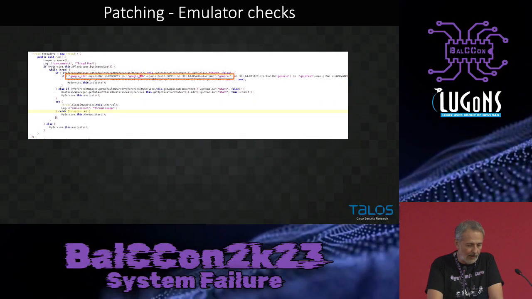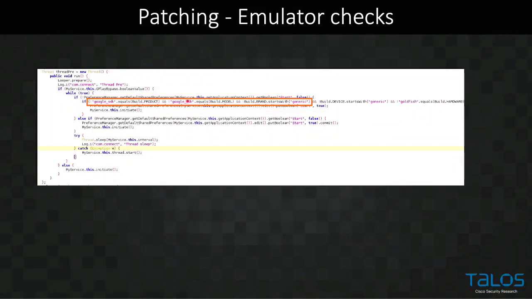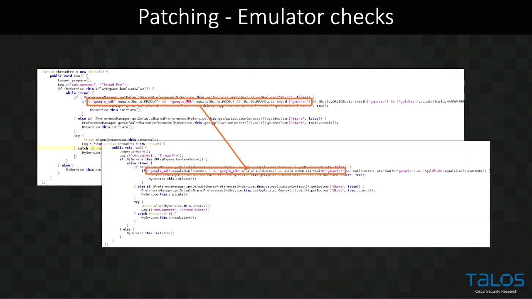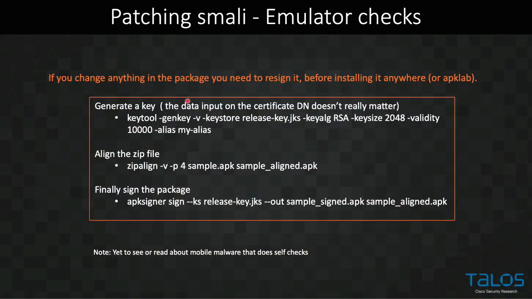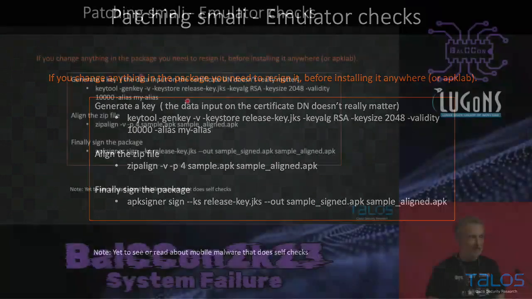So the first check is whether certain file names exist, and we convert it to the opposite. That's a simple way of how you can patch the application. Like I said, you need to recompile: you put together all the Smali, create the APK file, zip-align it with the tool, and then eventually sign it. It really doesn't matter with which distinguished name you're signing it.